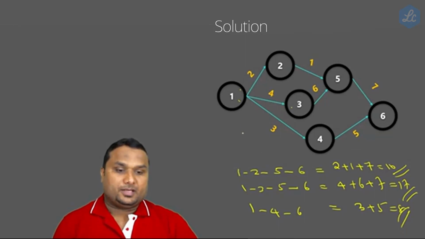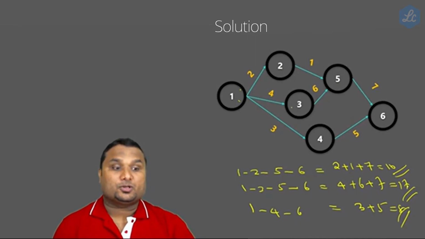Now tell me, there are three routes. One is 1 to 2, 2 to 5, 5 to 6, the second is 1 to 3, 3 to 5 and 5 to 6, and the third is 1, 4, 6. The first has a duration of 10, the second 17, the third 8.